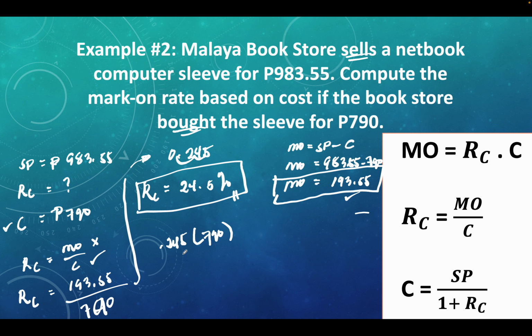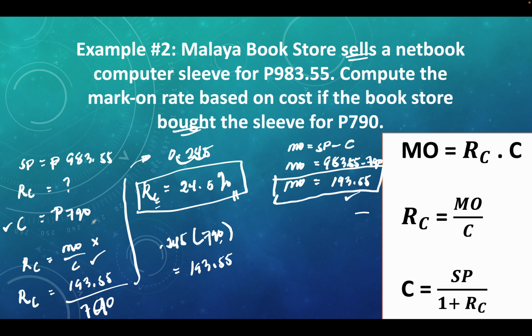Okay? So, 0.245 times 790, that is equivalent to 193.55. The reason we multiply it by the cost is because it is the rate based on cost.